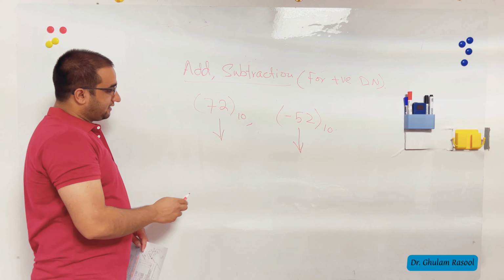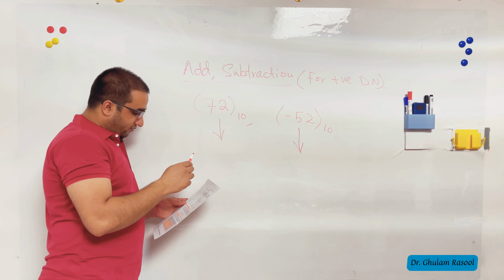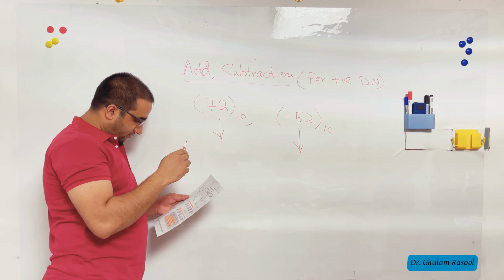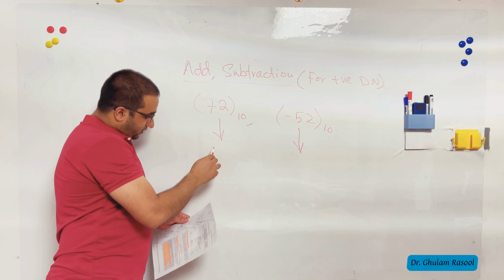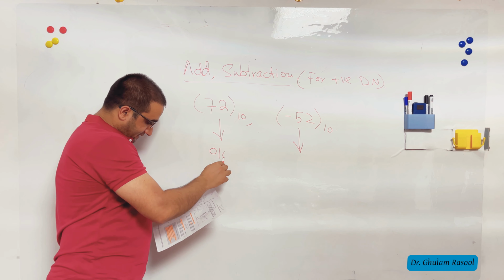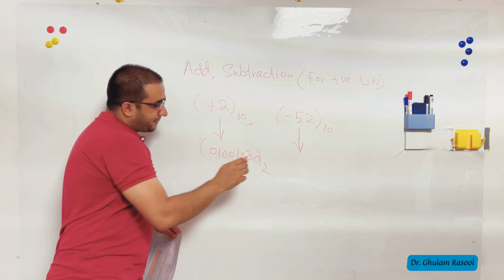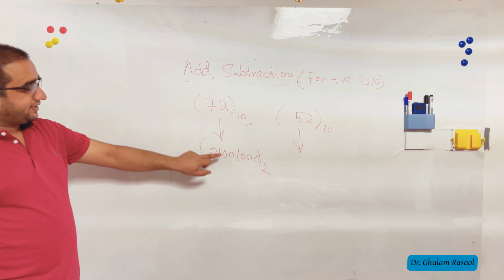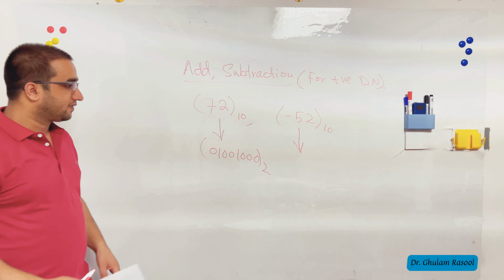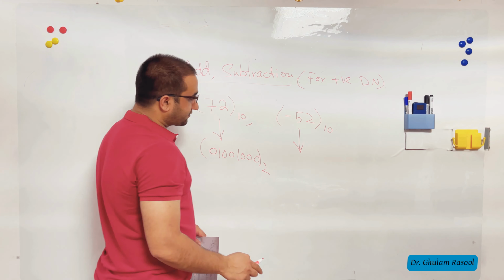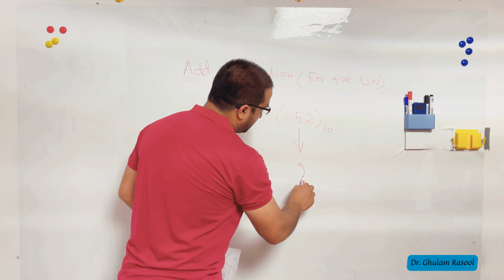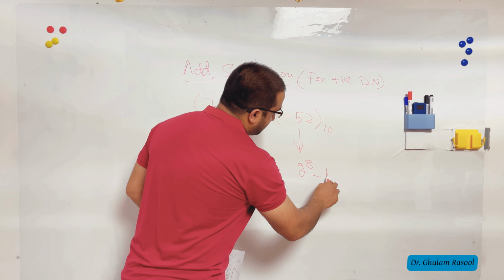This is simple. You know how to convert this number. I'm not going to convert it for you. If you convert this number, it is 0 1 0 0 1 0 0 0. This is the corresponding binary number for 72. For this one, I need to use that formula, 2 raised to the power 8 minus n.